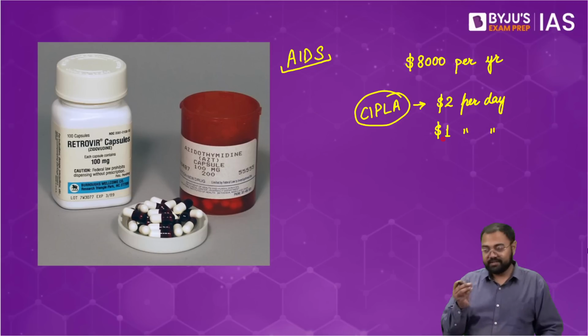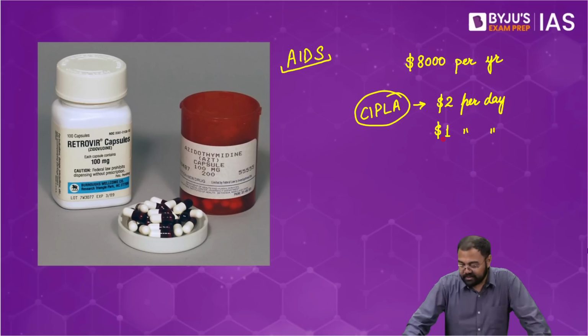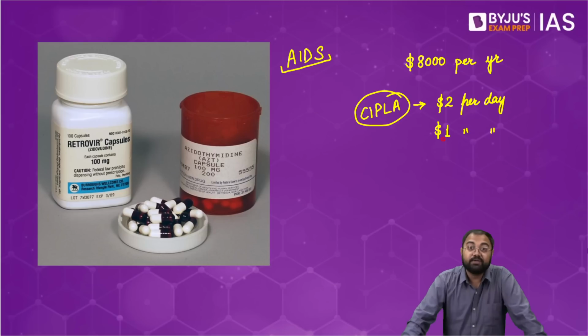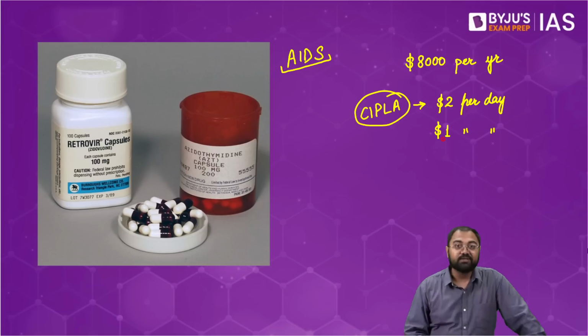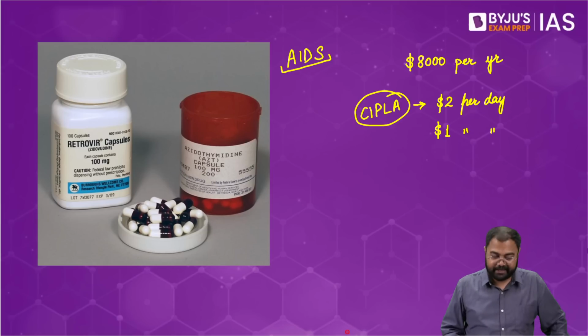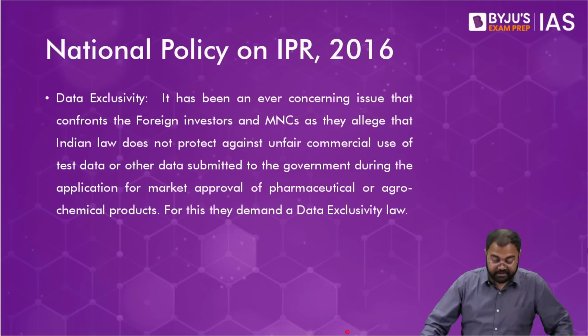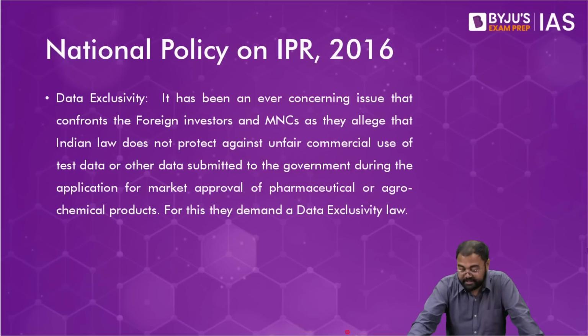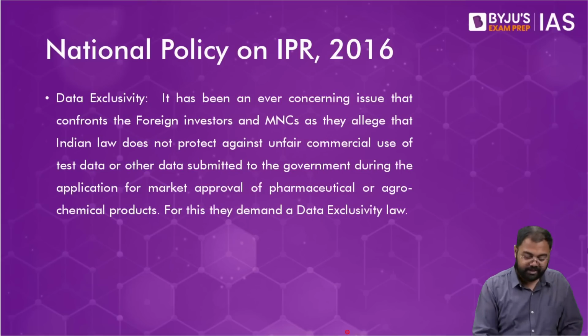This is a case study where India was able to avert a pandemic that was about to begin, AIDS being the reason. Thankfully, India did not budge and we were able to save the world. So that's why we need to understand how important all these things are, from the perspective of what we have been doing.